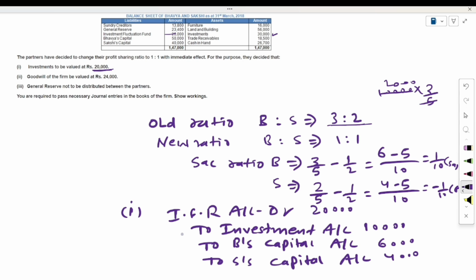Now the second entry we will pass is for the goodwill. The goodwill of the firm is valued at 24,000. Now what will we do for the treatment of goodwill? If there is a change in profit sharing ratio, then the treatment of goodwill is that the gaining partner's capital account is debited and the sacrificing partner's capital account is credited.